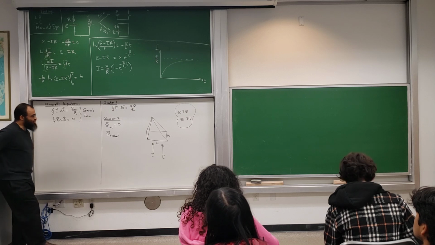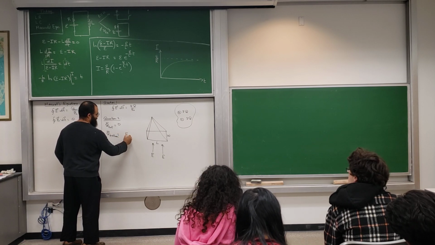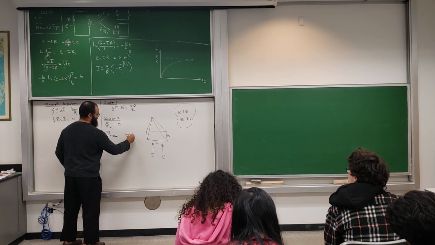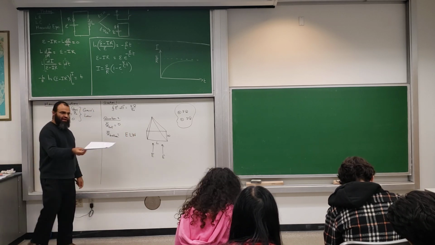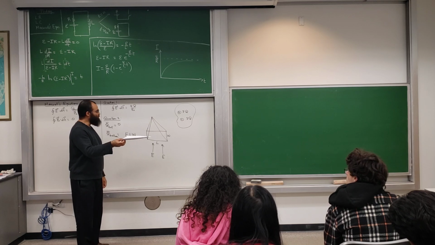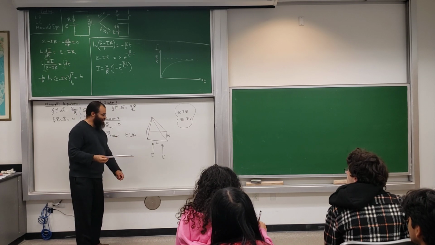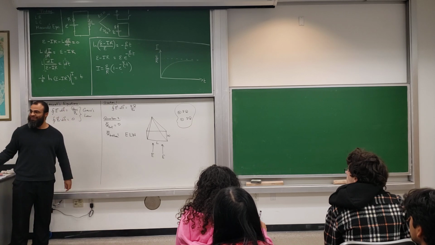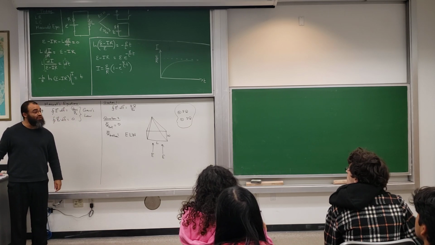Do you agree that it is the electric field times the area, and the area is length times width, right? This is the area. You're missing one thing. Electric field is coming in. What's the sign? Negative.